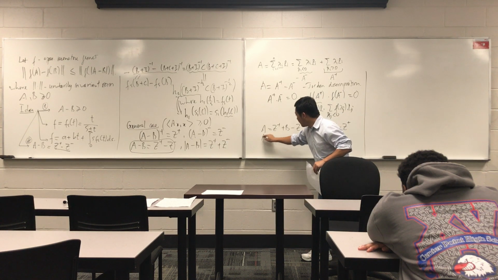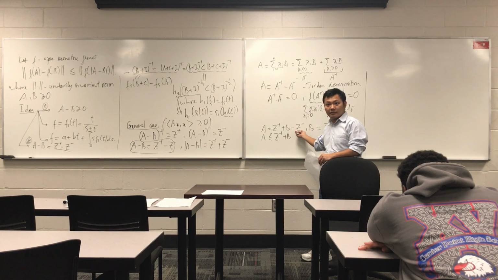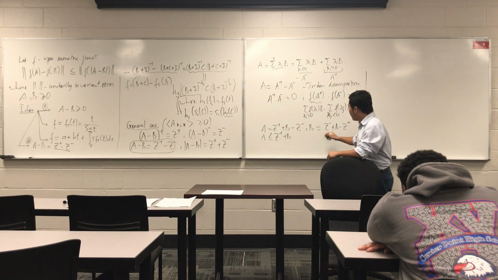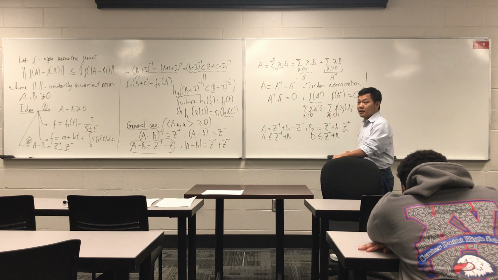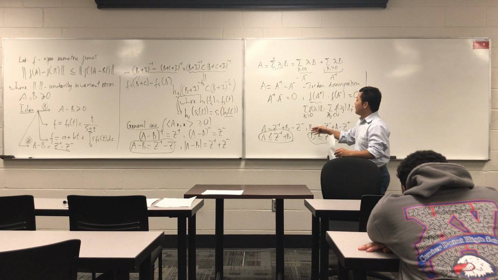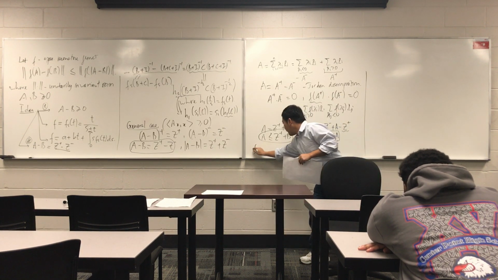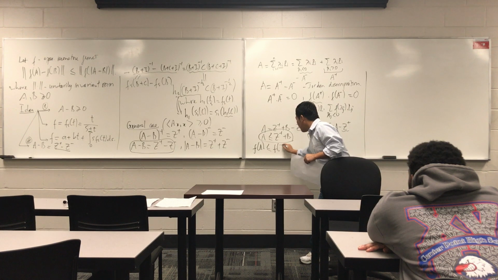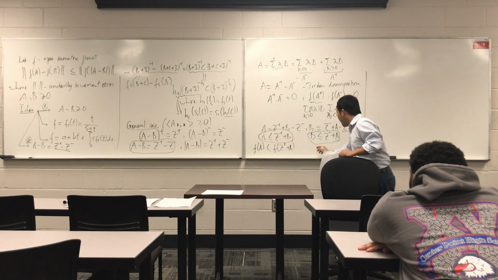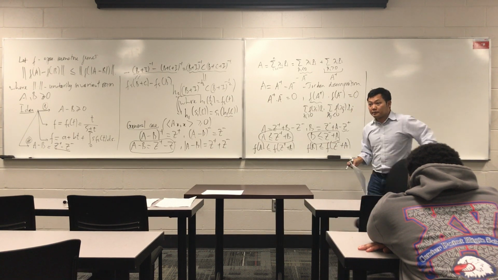That means A is less than or equal to Z plus B, because Z negative is positive. Make sense? And here we have B less than or equal to Z negative plus A, because this one is positive. We will use this inequality once we involve an operator monotone function. From here we might have f of A less than or equal to f of Z plus B, and then f of B less than or equal to f of Z negative plus A. So that's what we need for the future.